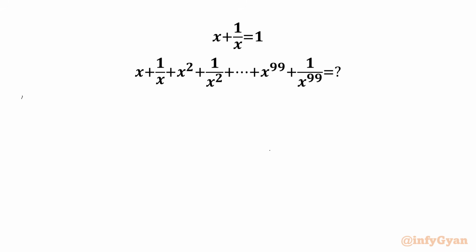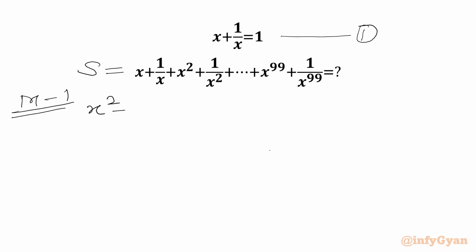I will be solving this question in two ways. So let me write here method number 1. In this method, I will write equation number 1. I will write sum equal to s, and I will find a few values of x square plus 1 over x square, x cube plus 1 over x cube, x power 4 plus 1 over x power 4.